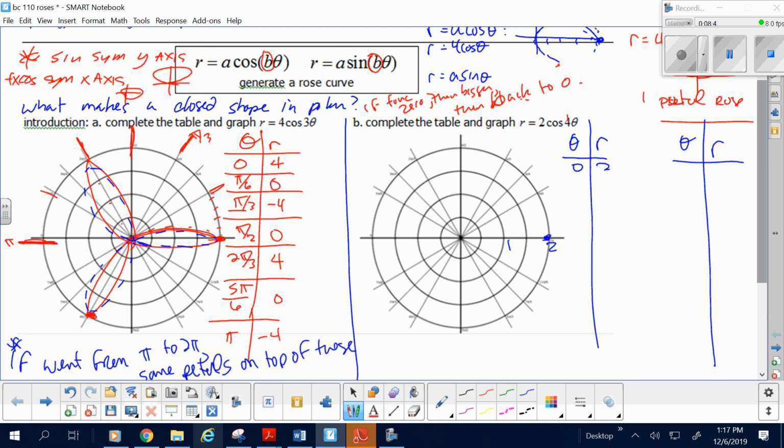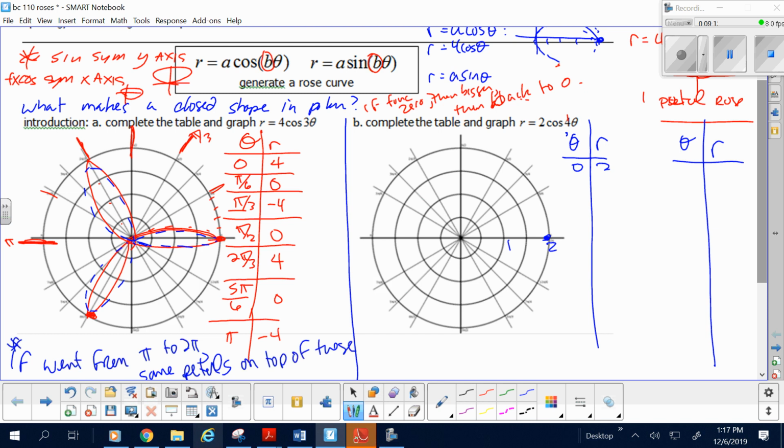If you look back, all the points we focus on are the maxes and the zeros. What do you reckon the interesting point is where I'm going to get a 0? When would cosine be 0, when you take the cosine of what?